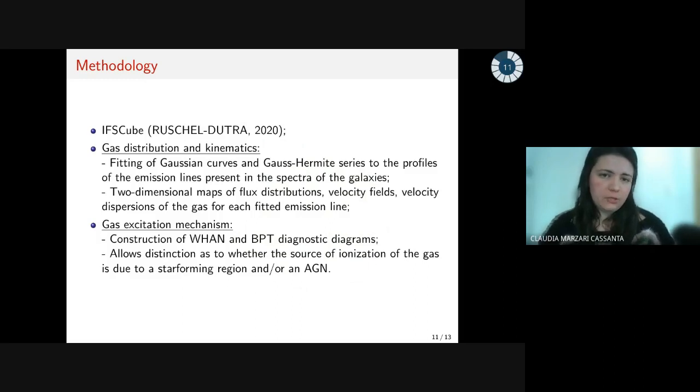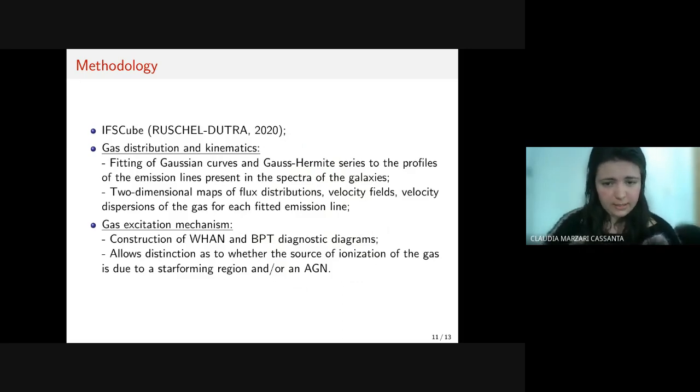The methodology is with the IFU cube, which allows me to obtain a gas distribution and kinematics, which is fitting of Gaussian curves and Gauss-Hermite series to the profiles of the emission lines present in the spectra of the galaxies.